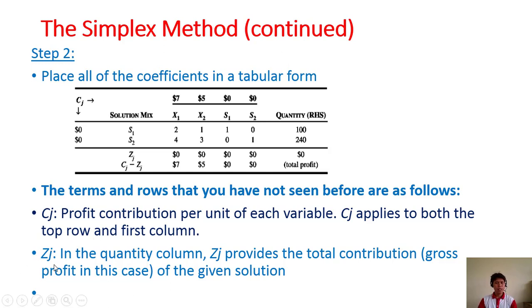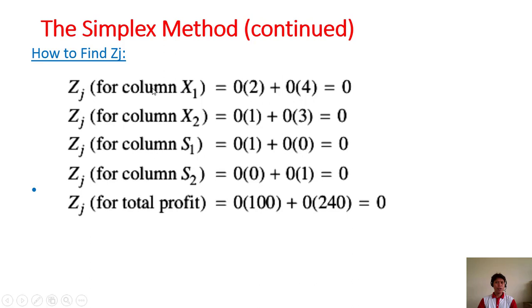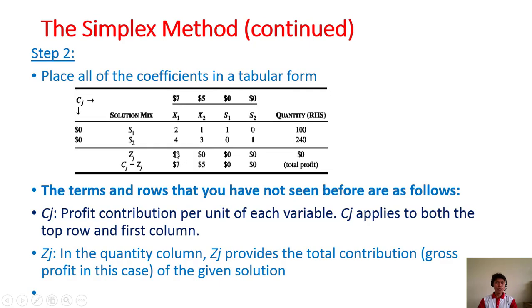While Zj in the quantity column provides the total contribution or the gross profit in the case of the given solution. So we have the Zj. How to find the Zj? For column x sub 1, it is 0 times 2 plus 0 times 4 is equal to 0.